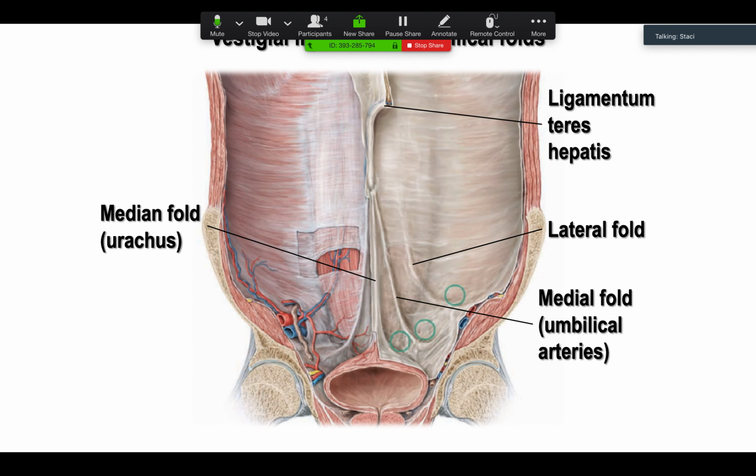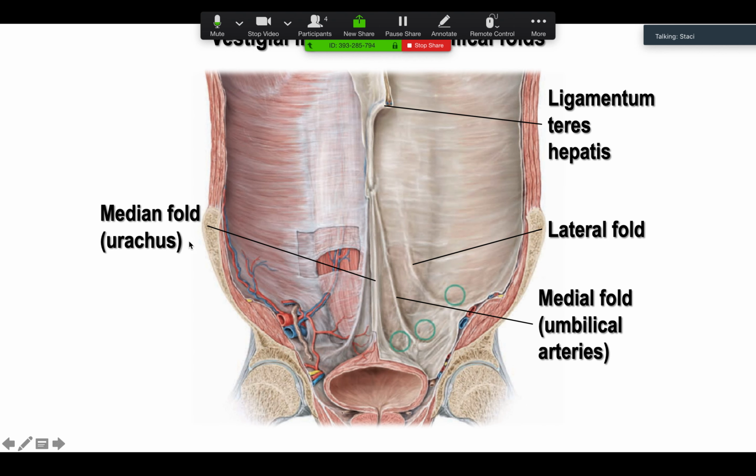Okay. I included this slide in here just for lab. It's really not too important as far as lecture wise, but I would know that the median fold is called the urachus, and you're going to get that in embryology when you get to the abdomen part.